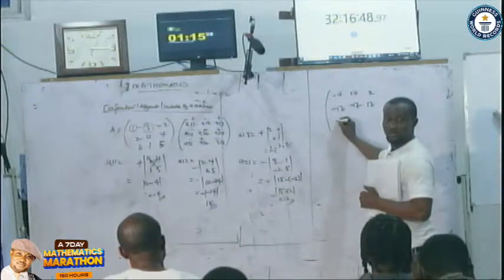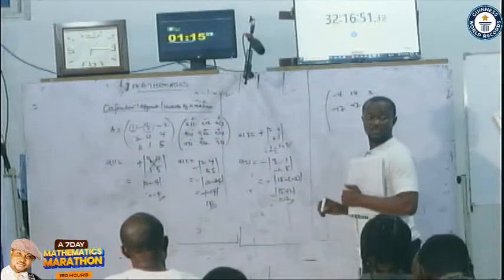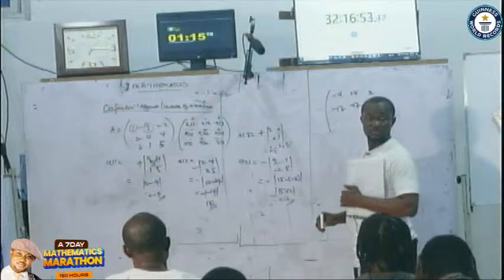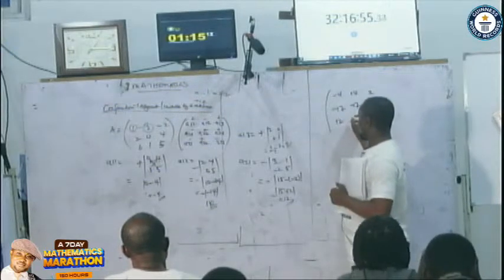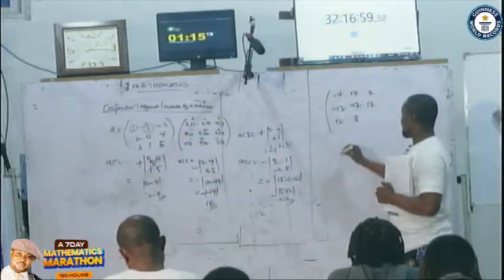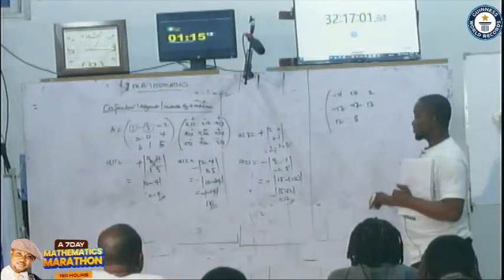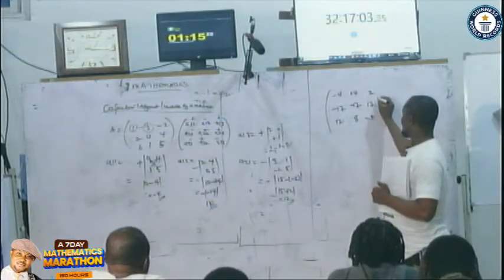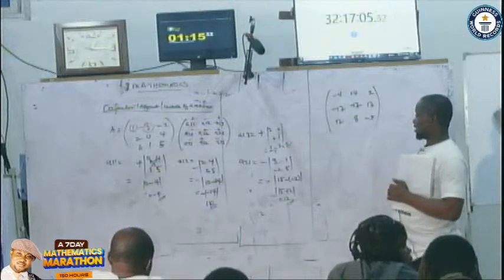A31, nobody solved A31. 12. A32, 8. A33, minus 5. So that is my cofactor.